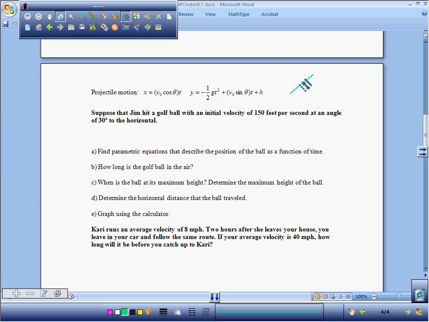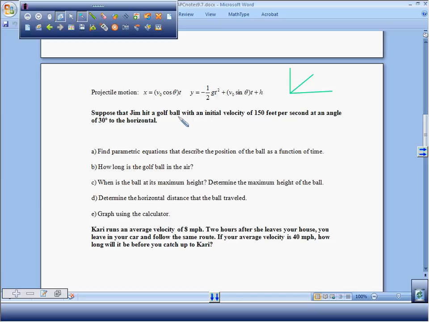So say you're shooting a cannonball, or in this case a golf ball. As we learned in the last chapter, you can break it into a horizontal component and a vertical component, right? So this thing here gives you the horizontal component of that vector, and this thing here gives you the vertical component, the y component. And x and y are doing two separate things.